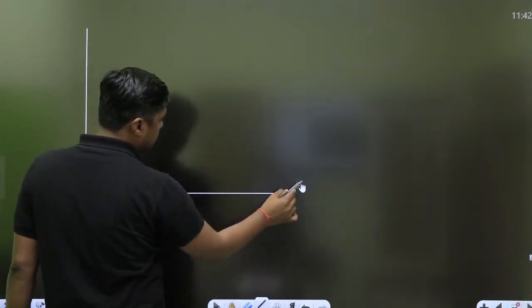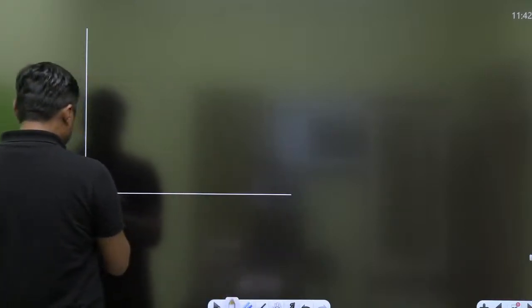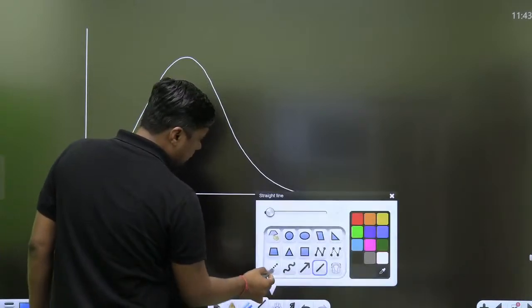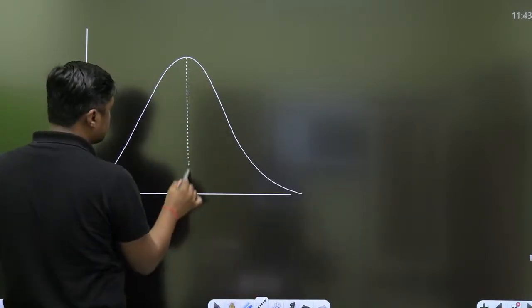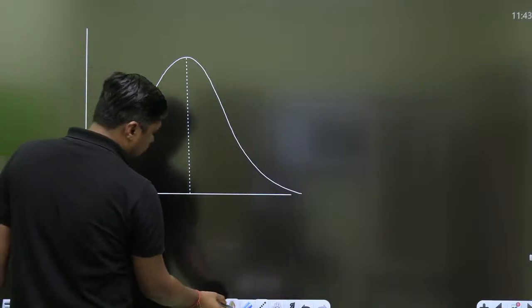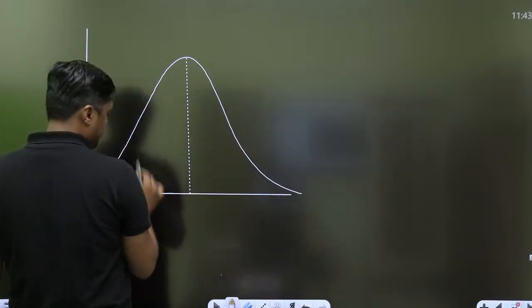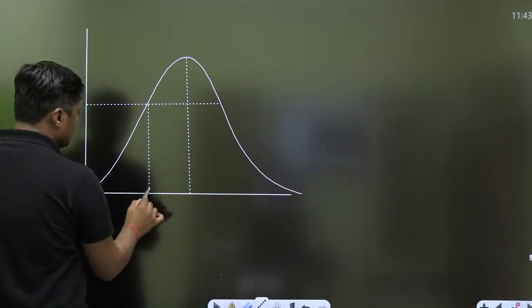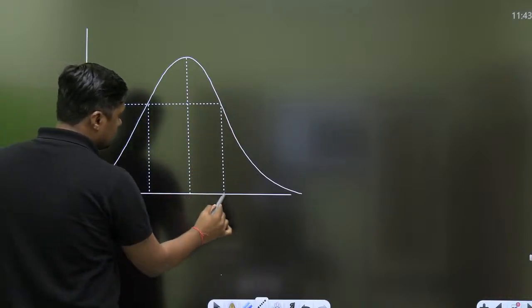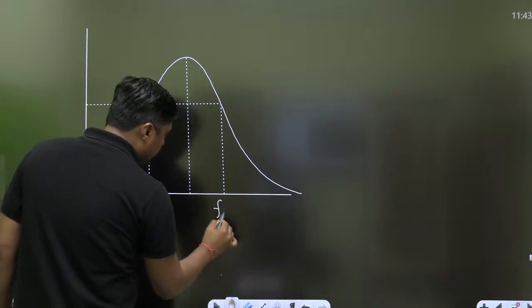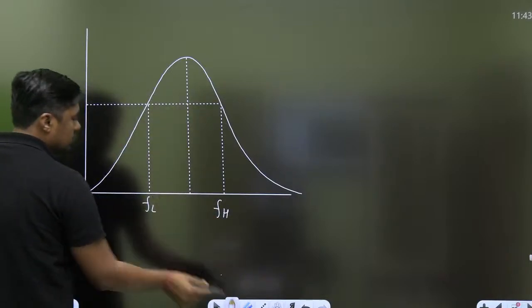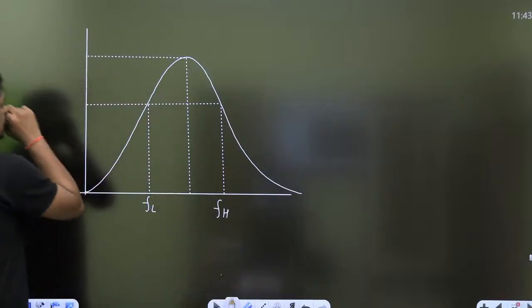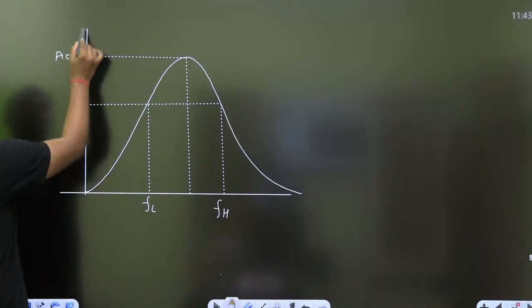For series resonance, we have this type of curve. If the quality factor is high, then this is FH, this is FL, and this is the maximum gain.